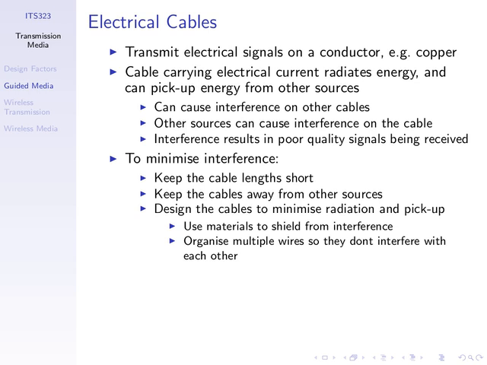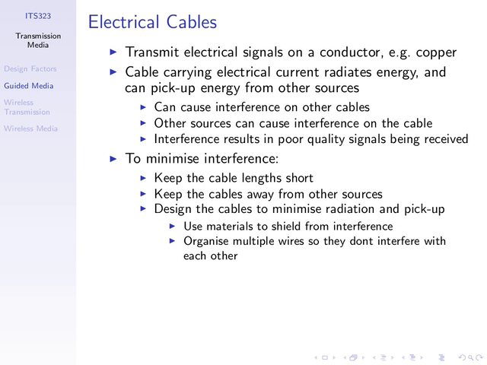We transmit some electrical signal across some conducting material, let's say copper. Copper wires are a good example of a conducting material where we send electrical signals across it. And this is a common example of what's used for wired transmission.